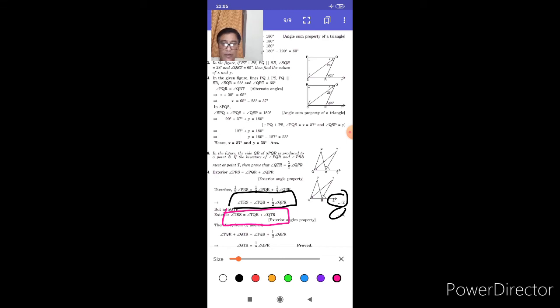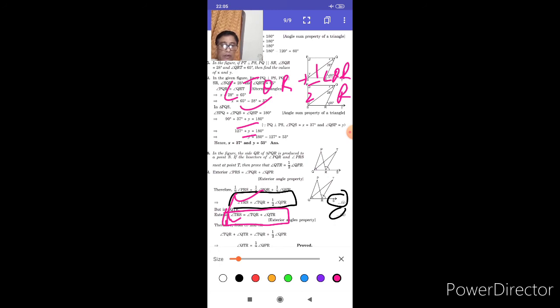So put this value of TRS here, so we can write angle TQR plus 1 by 2 angle QPR equals TRS, and the value of TRS is TQR plus QTR.